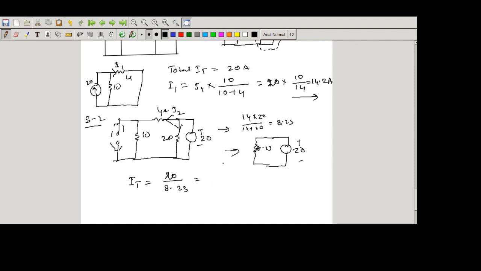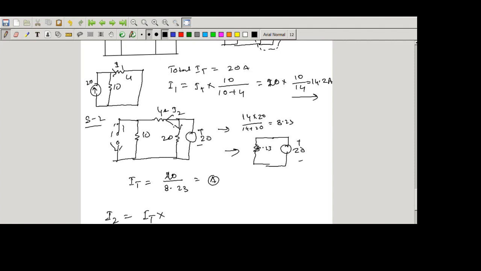Suppose we consider this value as A. Now we have to calculate the current which flows through this 4 ohm resistance. So we consider it I2. So I2 equals total current IT into the opposite branch resistance.